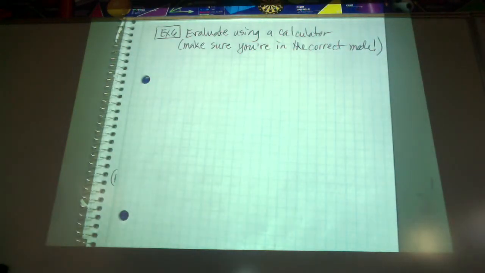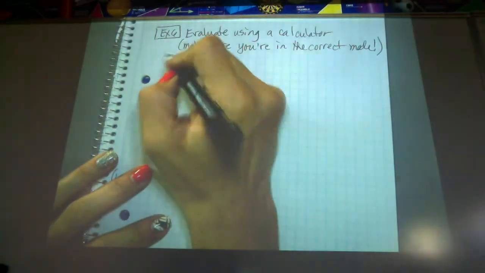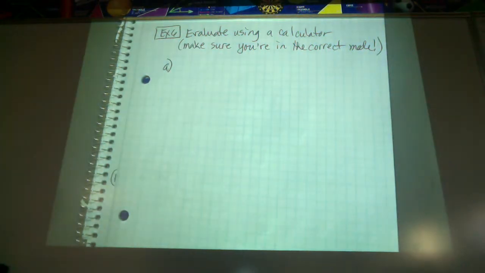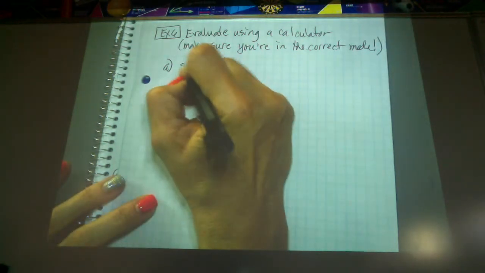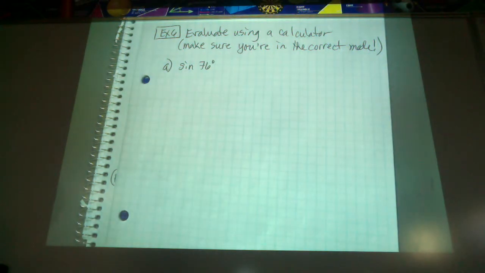Ladies, are we ready? So you've got 5 things here. So you're going to use your calculator, you're going to jockey between degrees and radians, depending upon what you're putting in the calculator. So you're going to find the sine of 76 degrees, and I want you to round to 4 decimal places.